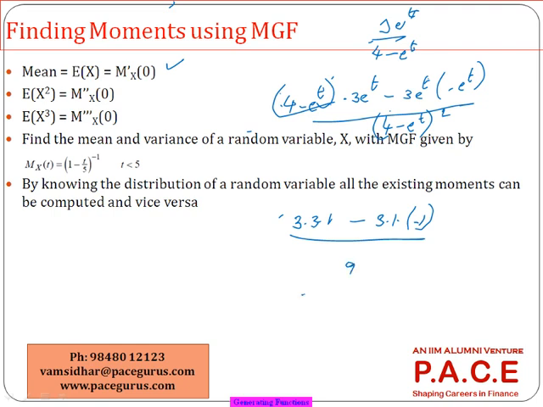So it simply comes out as 9 plus 3 by 9. 12 by 9 is the mean of this particular distribution. Same way, if I want the expected value of x squared, just do two derivatives, do the differentiation once again.